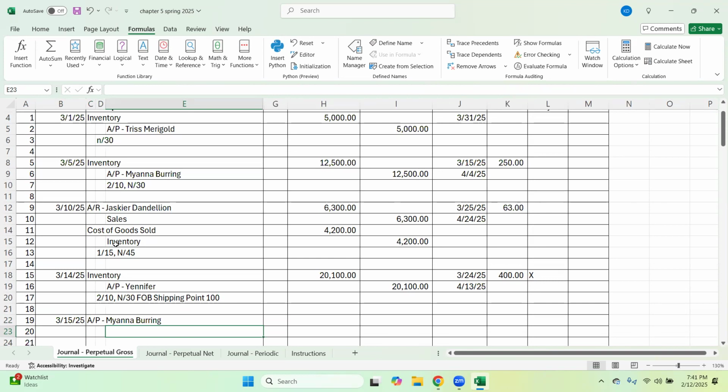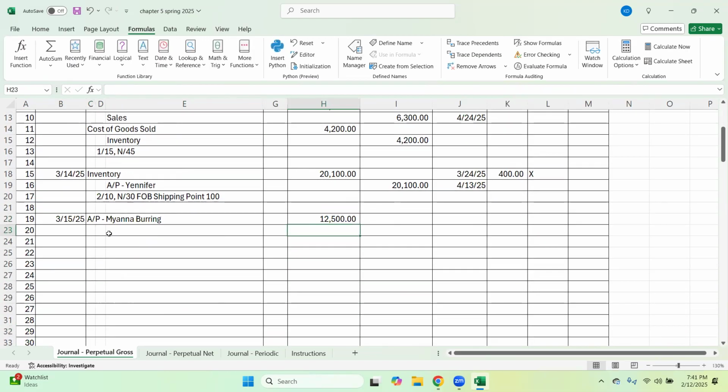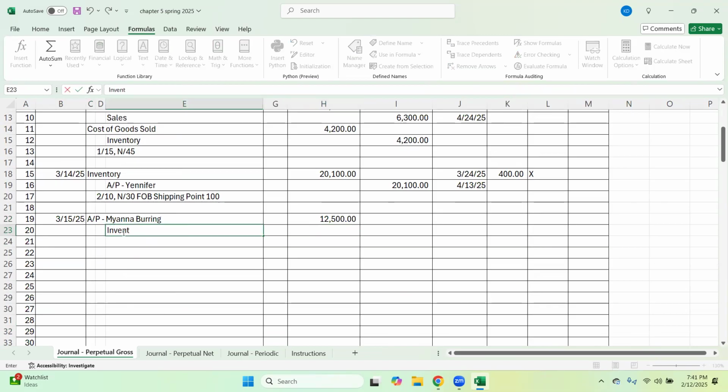But you know what? I'm not quite done here yet. Okay. So we're going to stop right there. My inventory amount for them is 12,500. That's what's in my accounts payable. But you know what? That's not all. Okay. We're going to take that discount.